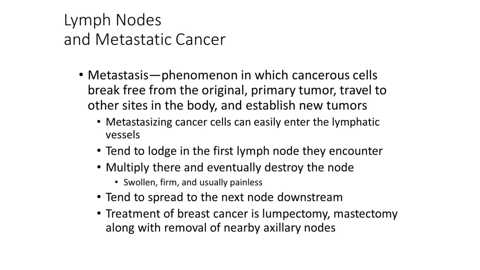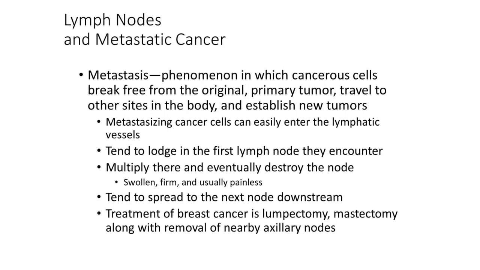So here what happens is sometimes when those cancer cells break free, they get into the lymphatic vessels. And now they can travel throughout your body. So they tend to lodge in the first lymph node that they encounter, and they can multiply there and eventually destroy that node.